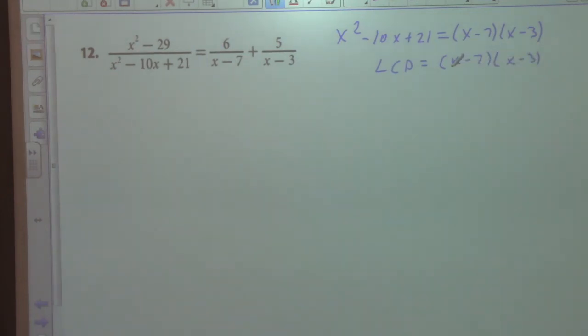And then the excluded values are 7. So x cannot equal, you said 3 and 7? Yes. 7, please.